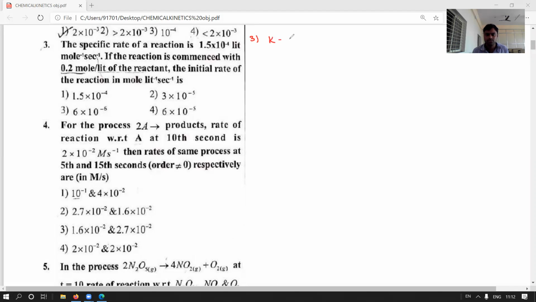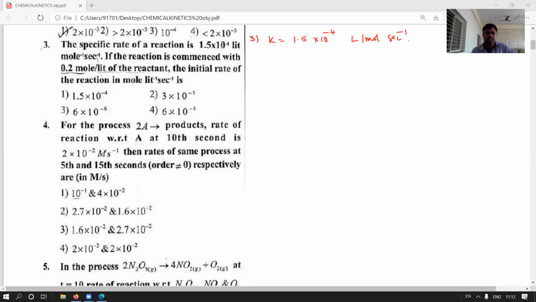K is equal to, K value how much they gave me? 1.5 into 10 to the power of minus 4 liter per mole second inverse.